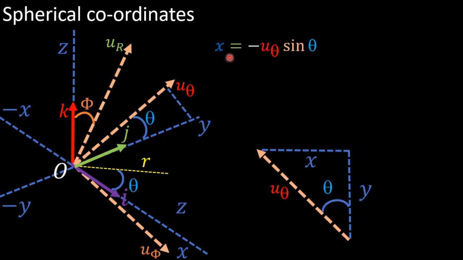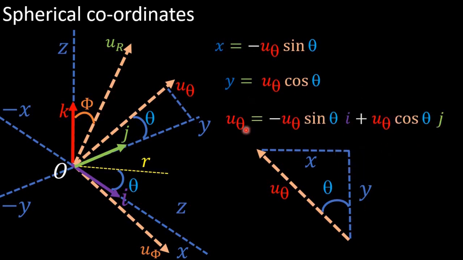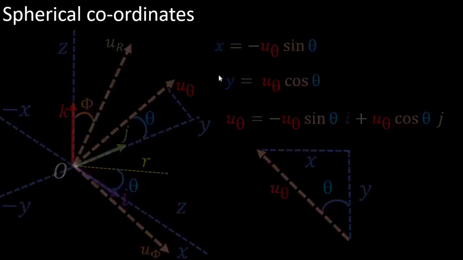So I can say x equals minus u sub theta times sine theta, and it's minus because it's on the minus side. And I can say y equals u sub theta times cos theta, so that is this length here. Okay, so I'll write that in vector form again. So u sub theta is this much of u sub theta in the negative i direction, plus u sub theta times cos theta in the positive j direction.